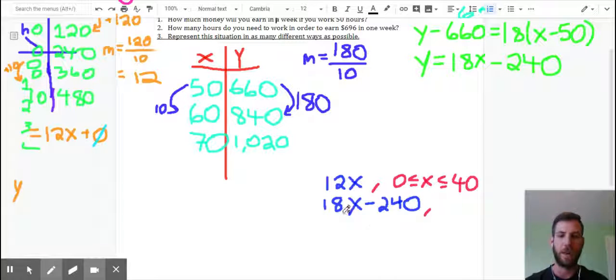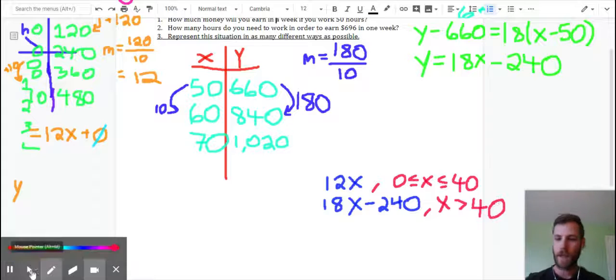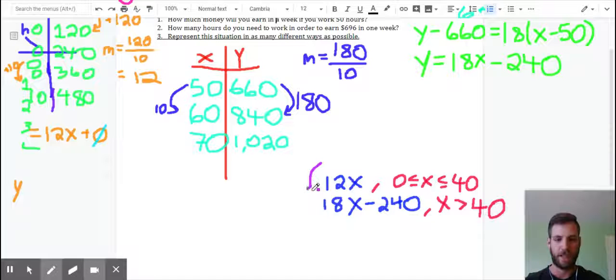And then our second equation, you're only using if you work more than 40 hours. And if you hear the words more than 40 hours or just more than, that is always going to be a greater than symbol. So that means that our second equation is going to be used when x is bigger than 40. And a good way to write out this sort of equation is in a standard way.